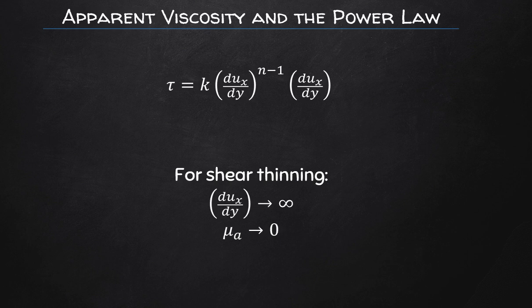Whereas when we increase the shear rate, the viscosity will decrease, sorry, and then approach zero. So for shear thinning, at very low shear rates, viscosity increases to infinity. As the shear rate increases, the viscosity will decrease and then approach zero.